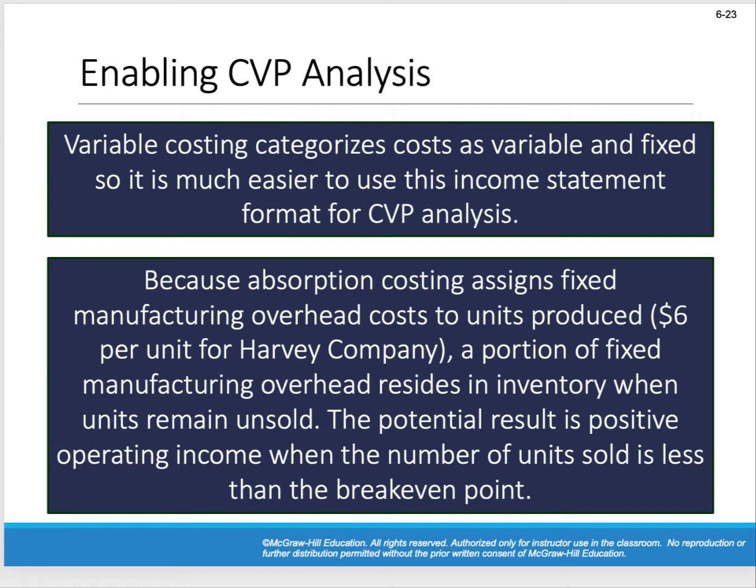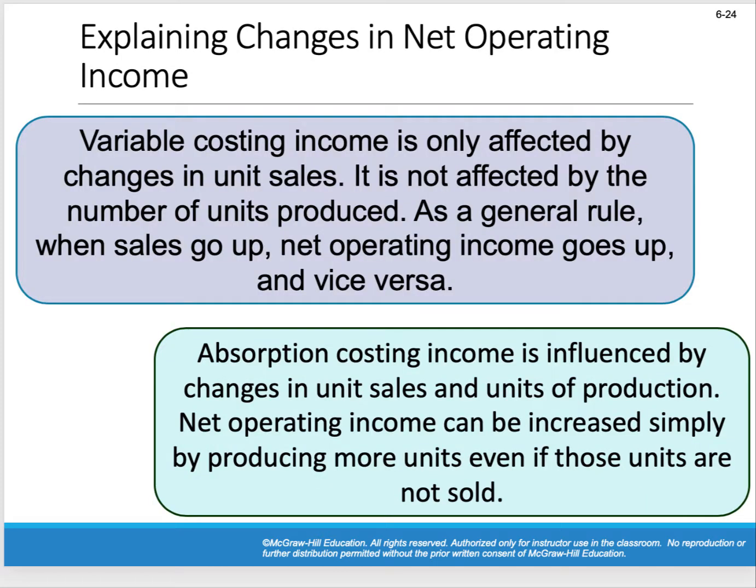The result is that we're going to have a higher or a positive operating income when the number of units sold is less than the break-even point.